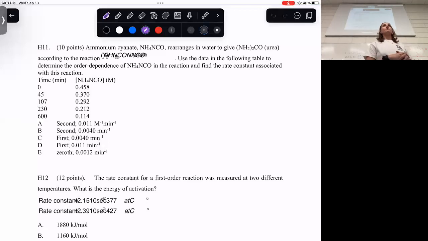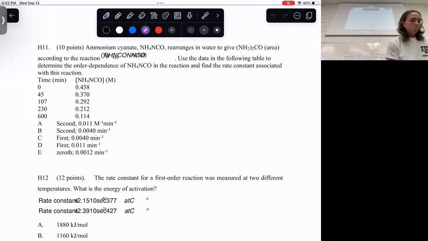How did someone solve this one? Does anyone have any ideas how we can try and determine if it's first or second order? Yeah, we can graph it. But we need to know when it is depleted first to know when it's half the concentration.